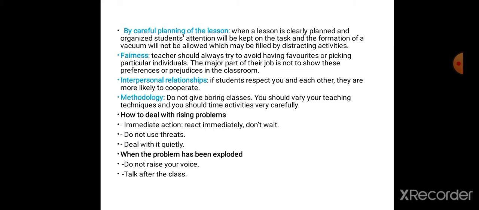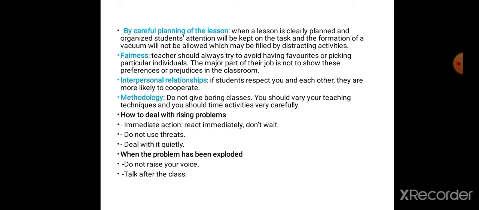Let's get to what happens if there are rising problems. The problem has been rising. So how to deal with it? You should take immediate action. React immediately. Don't wait. Do not use threats.